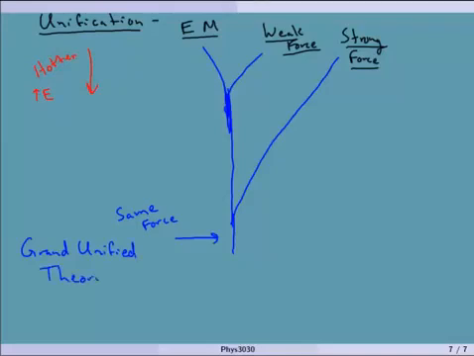We don't have a grand unified theory yet. But we do have something called an electroweak theory. And this is Weinberg and Salam, who got the Nobel Prize for predicting this.